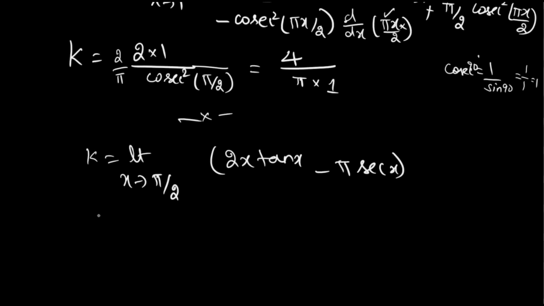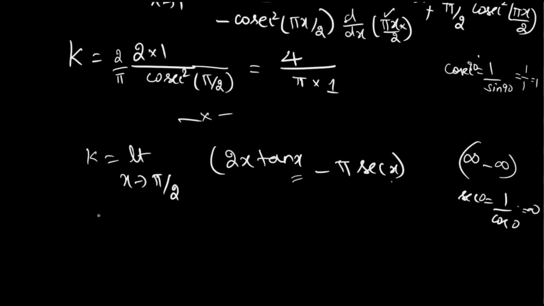In this problem, if you substitute pi by 2, again this term will become infinity. And then second term also will become infinity because secant x is 1 by cos. So 1 by cos 90 is 1 by 0, which is infinity. So this is infinity minus infinity form.